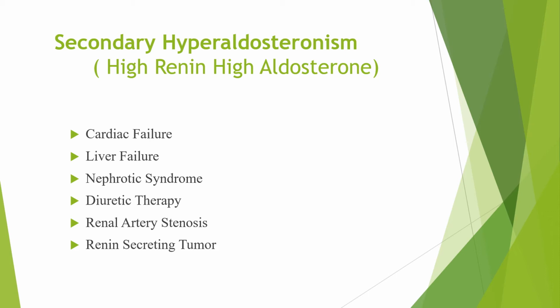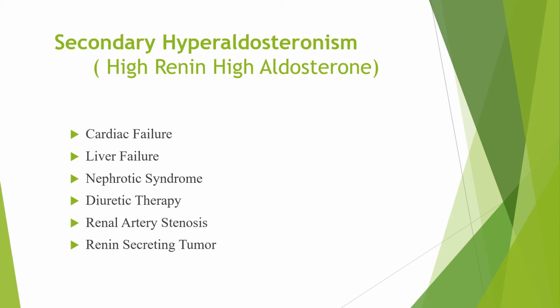So in secondary hyperaldosteronism, there will be high renin and high aldosterone level, while in primary hyperaldosteronism, the aldosterone levels were high while renin levels were low because of negative feedback.